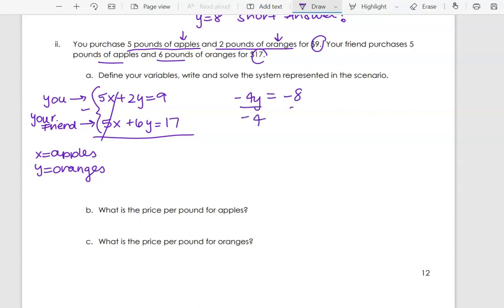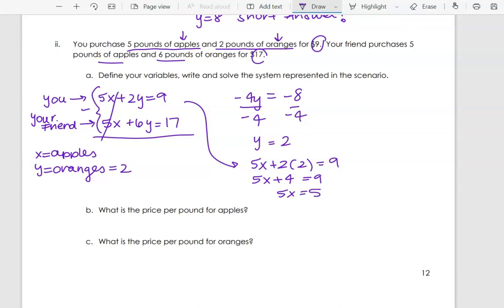Divide by negative 4, y equals 2. Remember what the y was. And then substitute it to find my x. So I've got 5x plus 2 times 2, which is my y. 5x plus 4 equals 9. Subtract the 4. Divide by 5.